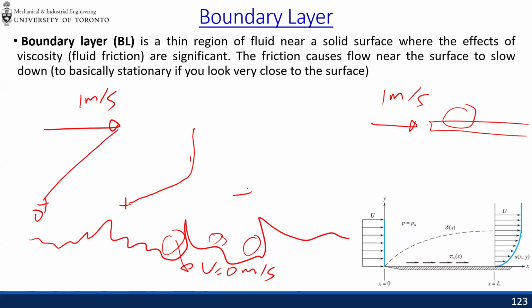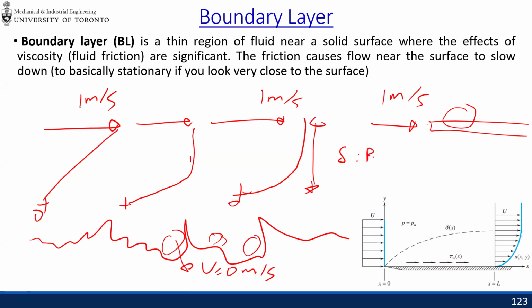Or sometimes it might also be almost parabolic, depending on the application. Eventually, it will reach the same velocity of 1 meter per second. Now, this height from 0 to 1 meter per second, that's your delta. That's basically your boundary layer height, the BL height.